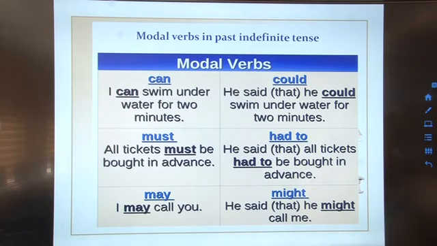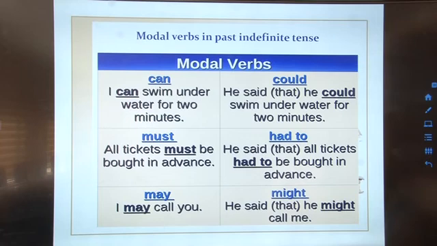Now, we can change it to could. He said that he could swim underwater for 2 minutes. Here the sentence is in the past indefinite tense. Okay, the next modal verb is must. In the present indefinite tense, the sentence will be: all tickets must be bought in advance.